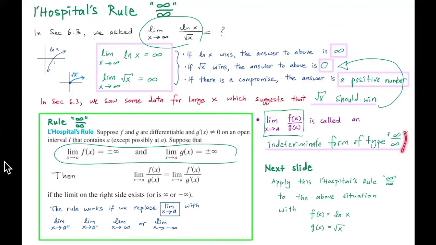Now, this symbol doesn't make sense as a quantity, but this is just a symbol to help us remember what situation we're in. So we're in a situation where the limit of the top function is positive or negative infinity, and also the bottom function approaches positive or negative infinity. And we cannot compute the limit directly, so we can try to use L'Hopital's rule.